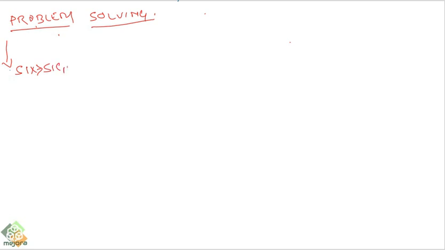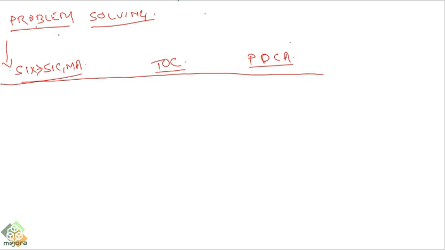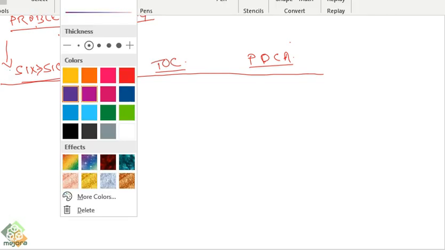Six Sigma can be one, then theory of constraints and PDCA. So let's take these three simple problem-solving methodologies as examples and see how you can use all these things in your day-to-day activities, right?